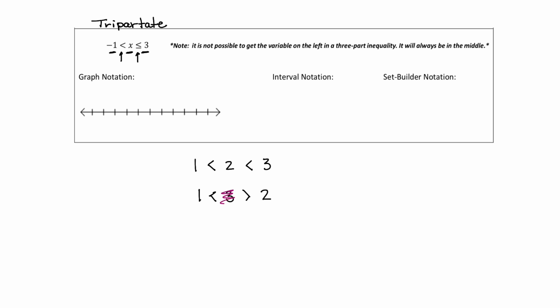But if I take the 3 out, which symbol do I take? I have to be able to take either one. If I take that symbol out, 1 is not greater than 2. If I take this symbol out, 1 is less than 2, so that works. But they all have to work all the time. Okay?